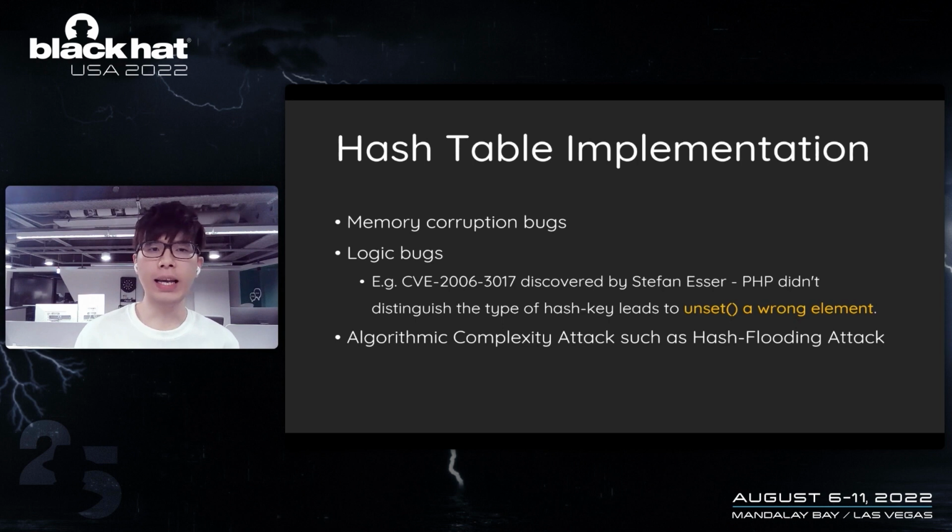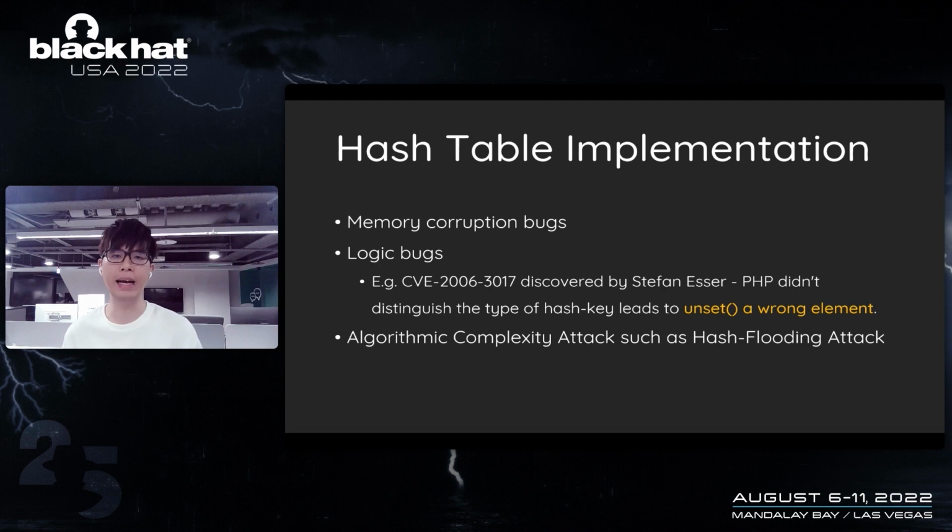Because Microsoft has designed its own hash table without open source, the implementation should be an unexplored area to discover bugs. So in this context, we hunt not only for memory corruptions, but also logic bugs. Here I would like to highlight the bug CVE-2006-3017.